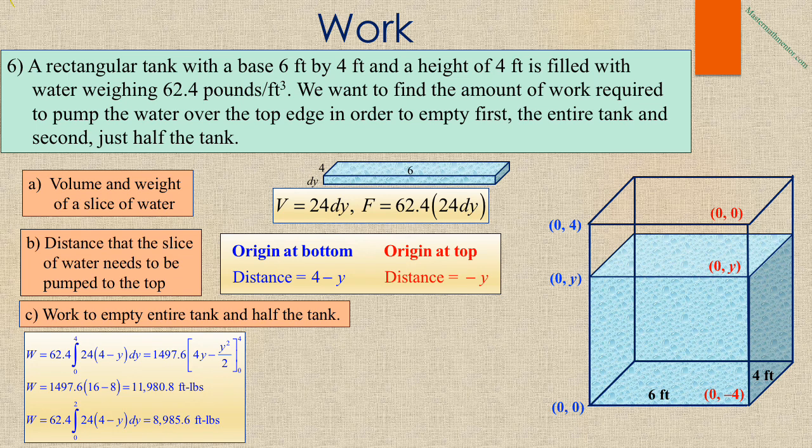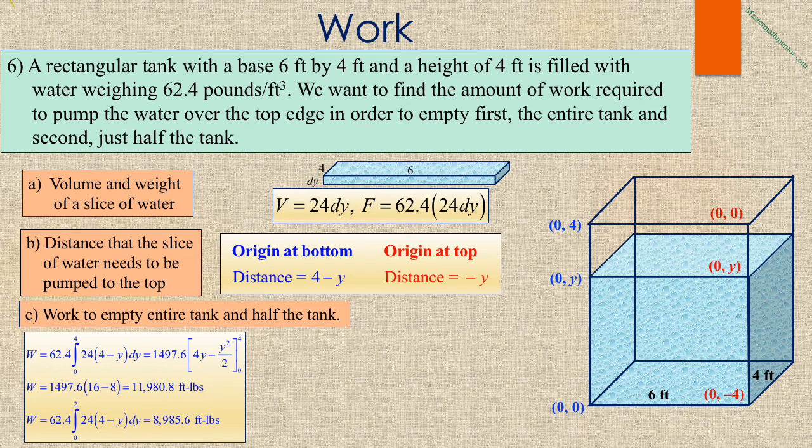We now put parts A and B together to determine the work to empty the entire tank and half the tank. If the origin is at the bottom, then our work will be the integral of the force, 62.4 times 24 dy, times the distance, 4 minus y.